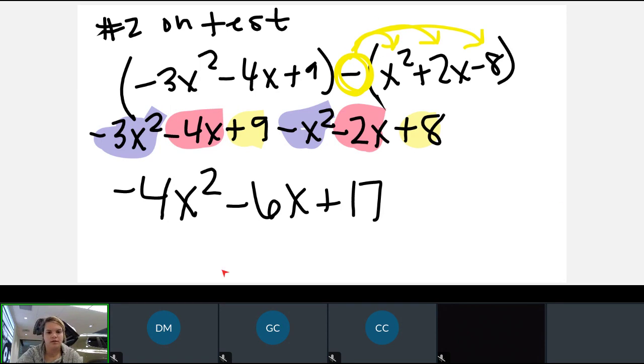Okay, Destiny, 1 second. I'm checking on your work. So I think it was 0A14 is where we did multiplying the polynomials. I just want to make sure.